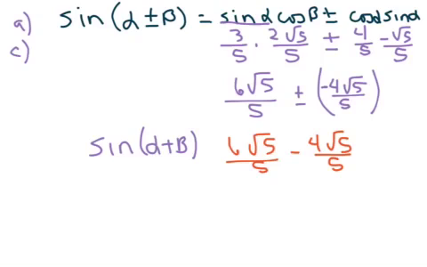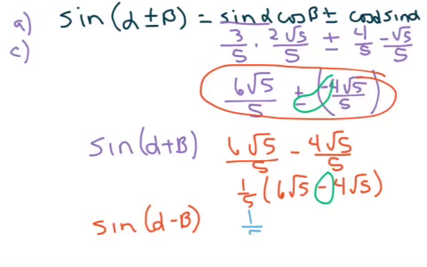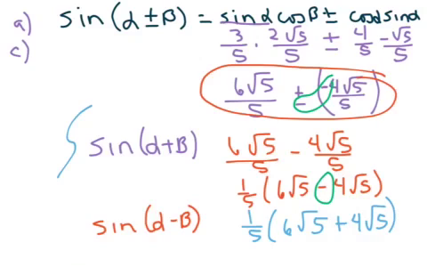So this is going to be 1/5 of 6 root 5 minus 4 root 5. Now the only thing that's going to change here for sine of alpha minus beta is the sign here. It's just going to change to a positive because two negatives would make a positive. So the answer here would be 1/5 of 6 root 5 plus 4 root 5. And you just saved yourself a lot of time by doing them both together. So we completed A and C very quickly.